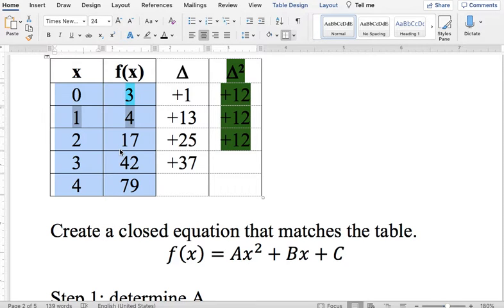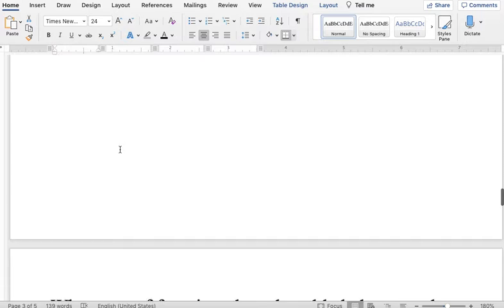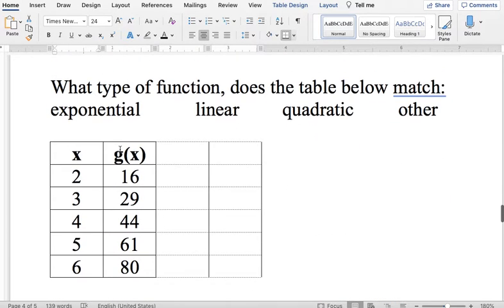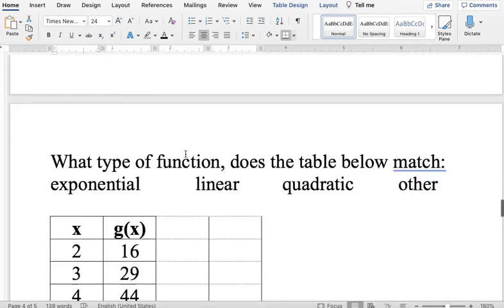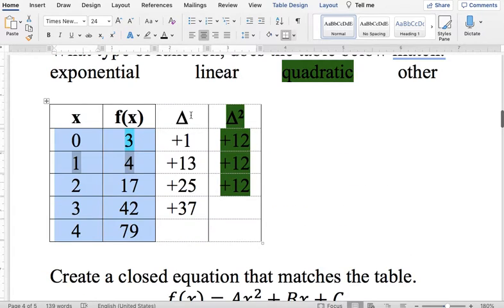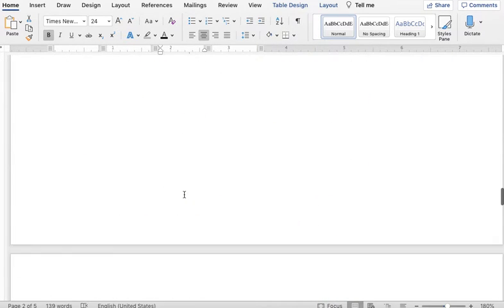All right, let's do one more example. So let's say we have this particular table of values. And once again, you're asked, what type of function does this table match? I shall once again create a difference column.